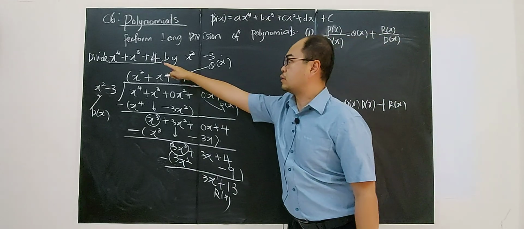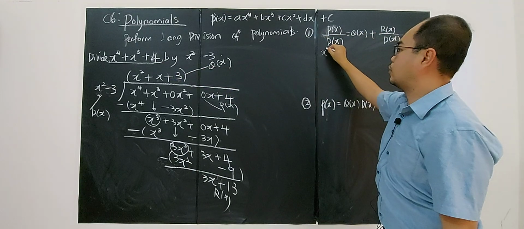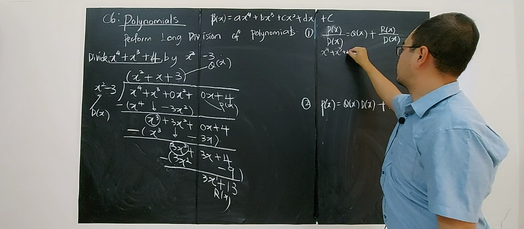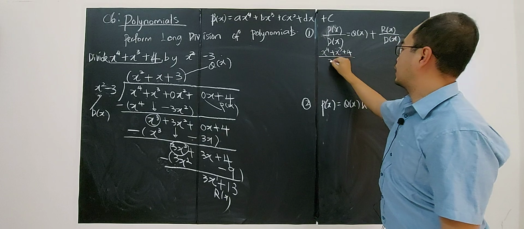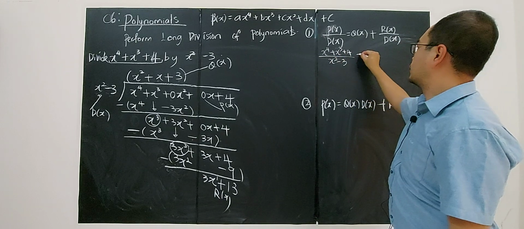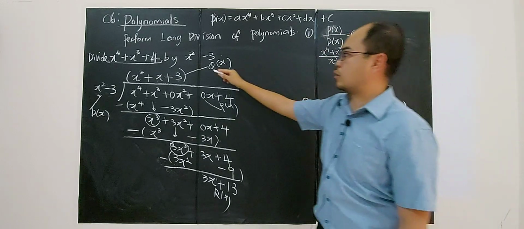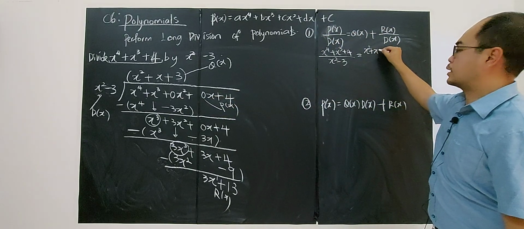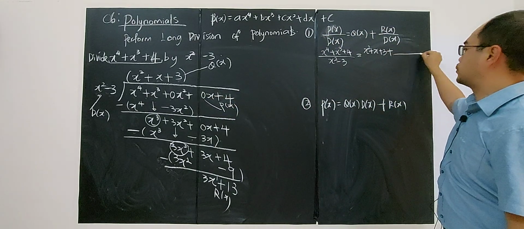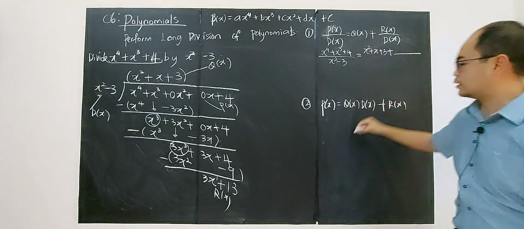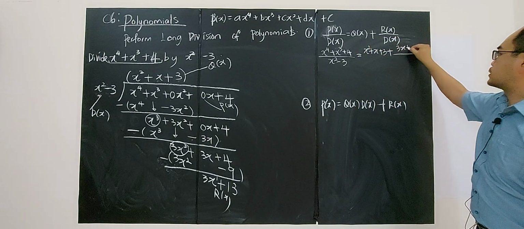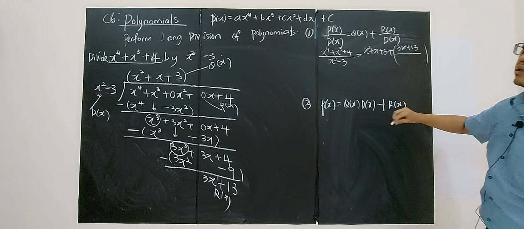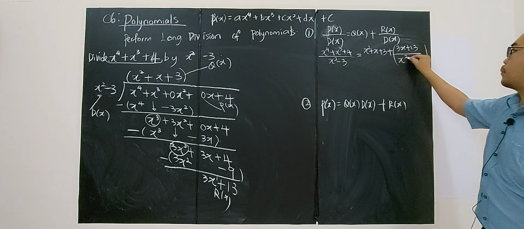Alright, so for the first one, you write in the form of px. You know, this is your px, your x power 4 plus x power 3 plus 4 divided by x squared minus 3, which is the same as your qx, quotient, x squared plus x plus 3, plus remainder, the remainder is 3x plus 13 over your divisor, which is x squared minus 3.